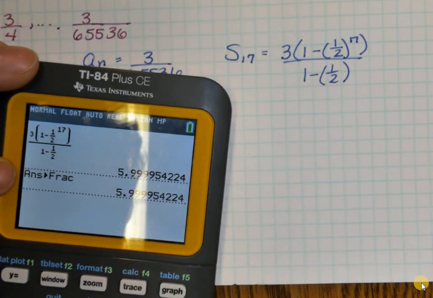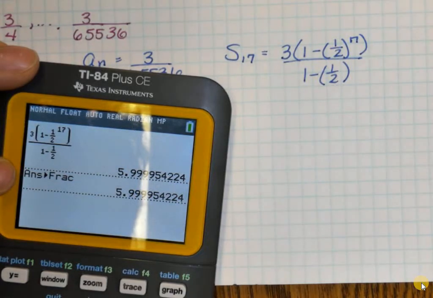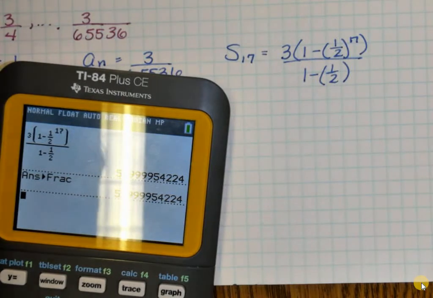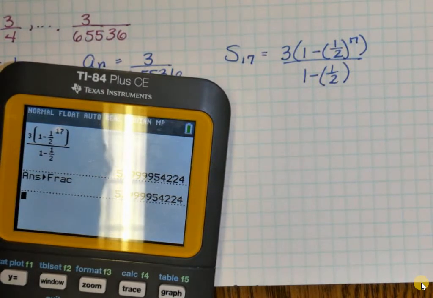So it's ugly, and it's not the answer that I have. I got an answer that is 100% wrong because it's 131,071. So that's not right at all.